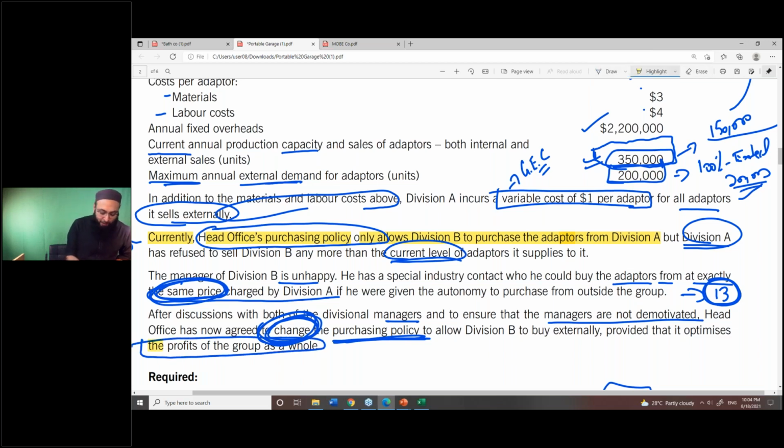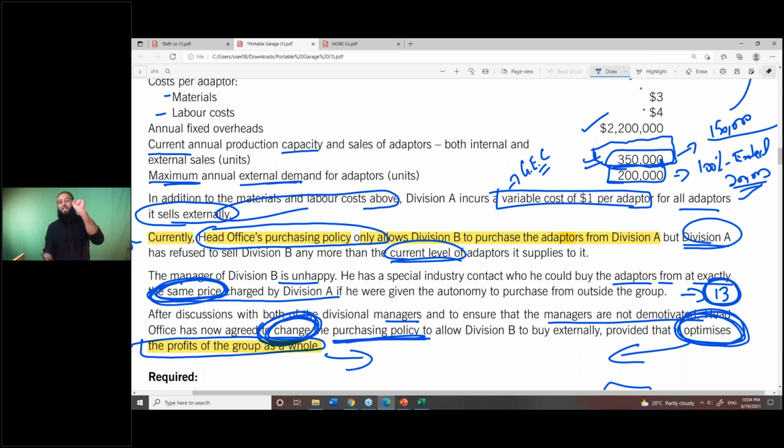Now the interesting part starts. When the question says that group policy is to optimize the group profits, this is the biggest indication that you have to use general rule.